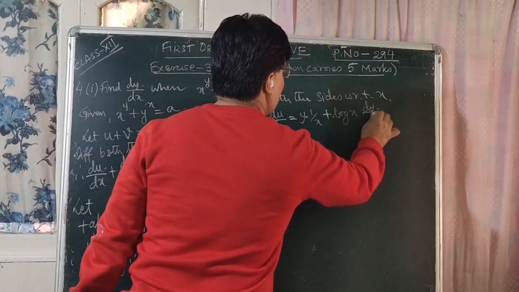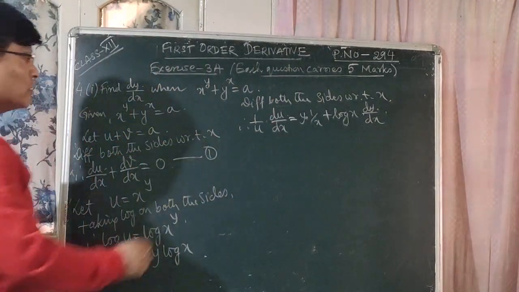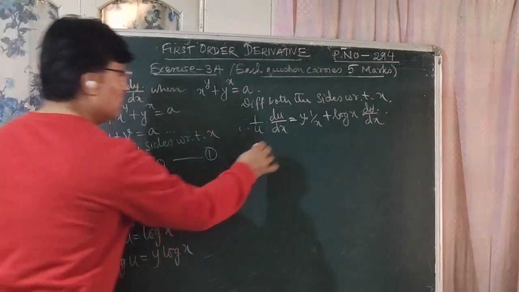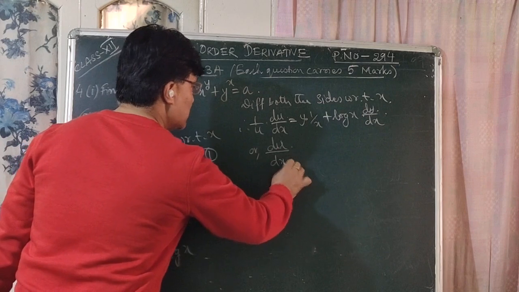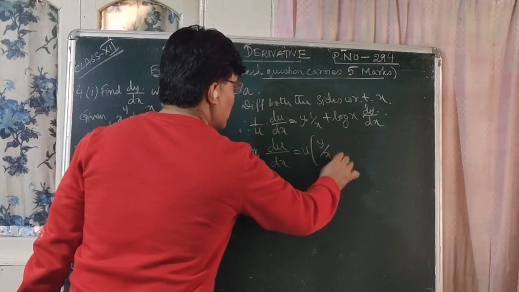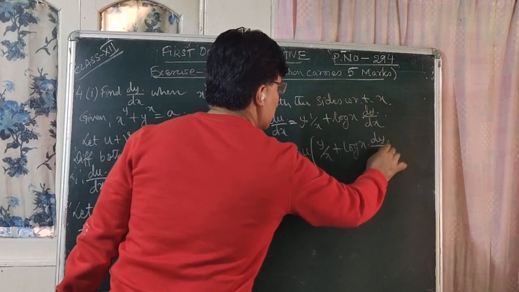Okay, now cross multiply by u here, that means you have to get the value for du by dx. So du by dx is equal to u within bracket, it is y upon x plus log x into dy by dx.